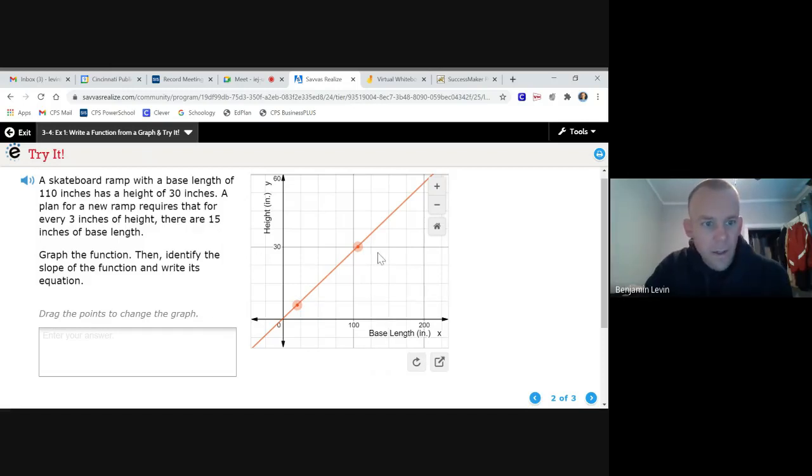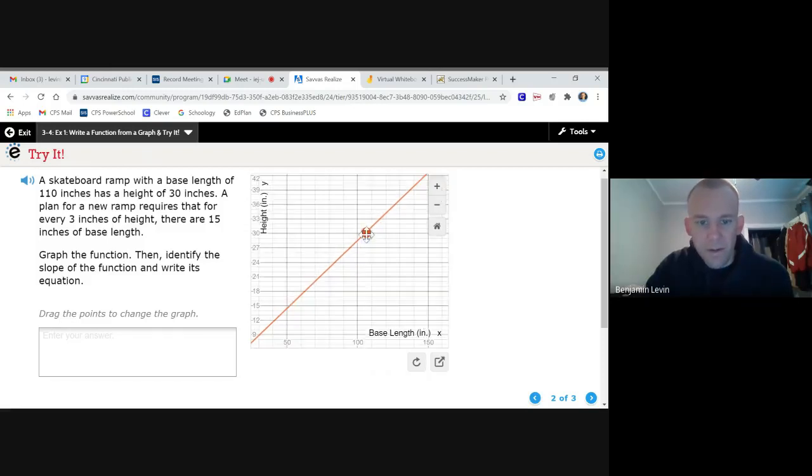All right. Oh, so let's just do the new ramp. Maybe they gave us this information to throw us off. Okay. It wants us to graph the new ramp. They're going to build a different ramp. And the rise over run, the slope, is 3 up and 15 over, right? For every 3 inches of height, there are 15 inches of base length. So we go up 3 and over 15.